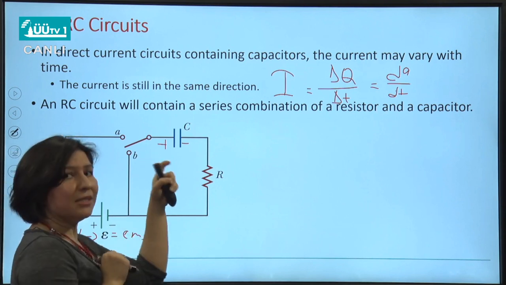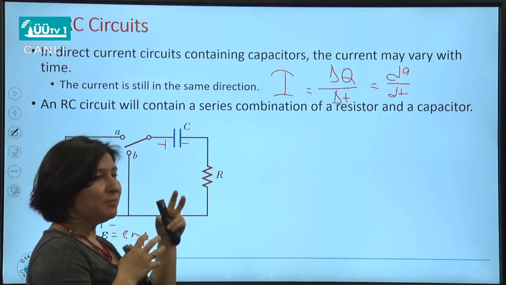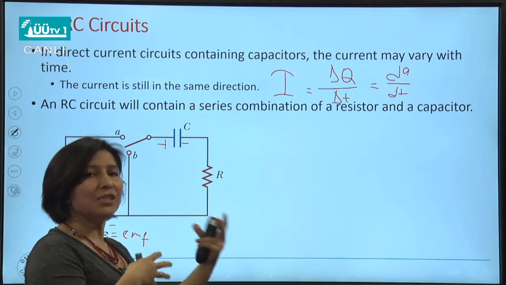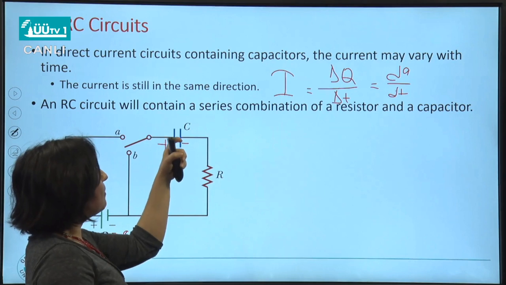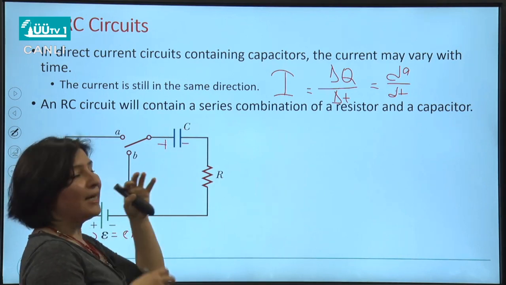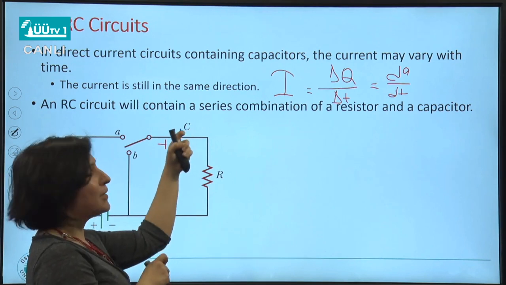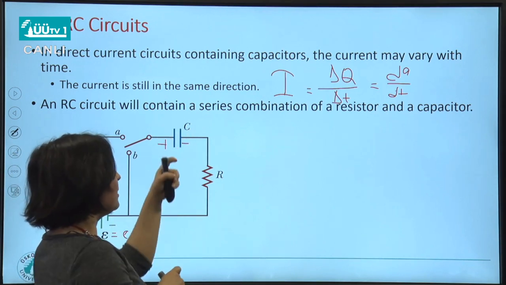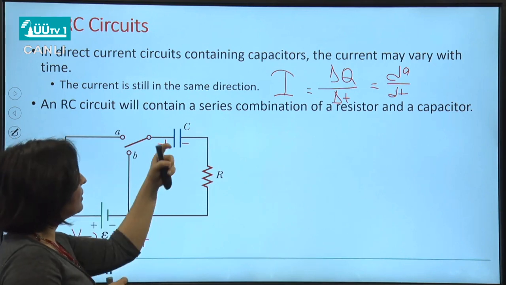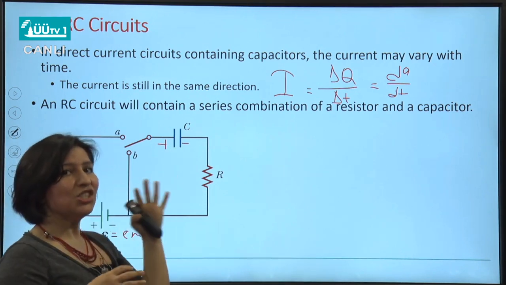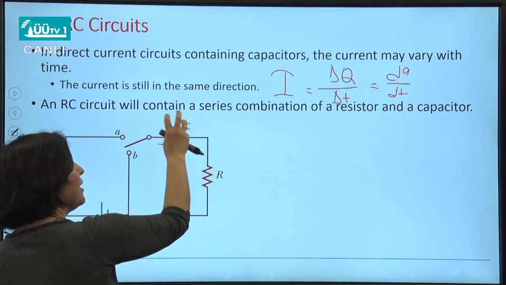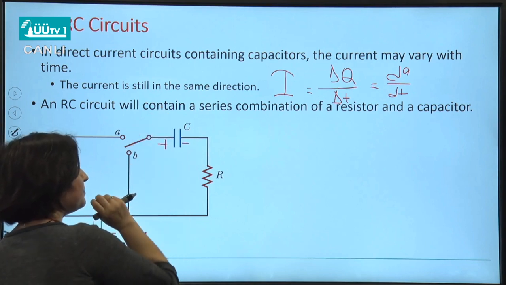The capacitor has a capacitance, which means the capacity of the capacitor, like the capacity of a bucket. So the amount of charge which accumulates on the plates is limited by the capacitance. If we don't change the shape of the capacitor, the capacitance is constant. So we choose a capacitor and put it in the circuit.